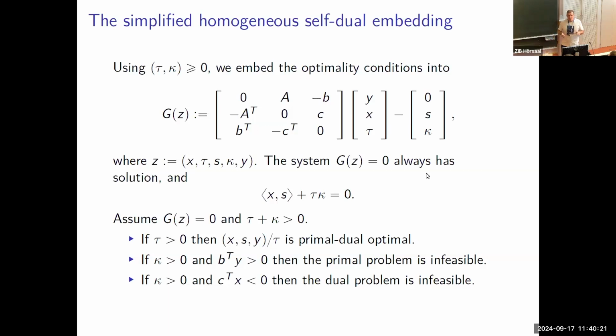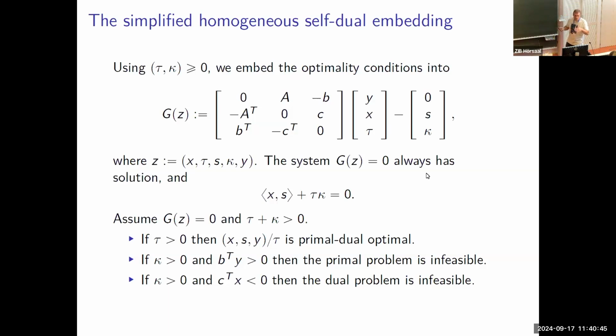This system is very much related to the lecture by Ambros about theorems of alternatives and Farkas certificates. So I'll just go over it quickly, but this system always has a solution. You could just check that the zero solution solves it.